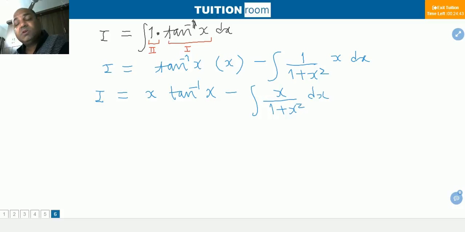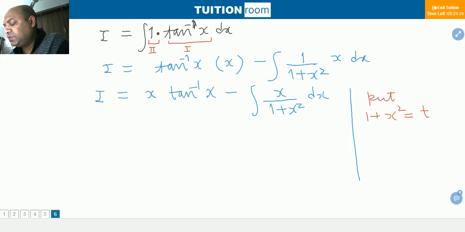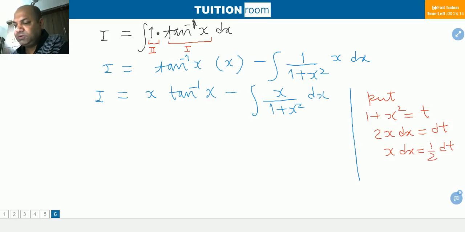And it is very easy. Now it became very easy, guys. x into tan inverse x minus half log base e mod of t plus some constant c. Now put the value of what we have assumed: x into tan inverse x minus half log of 1 plus x square plus some constant c.